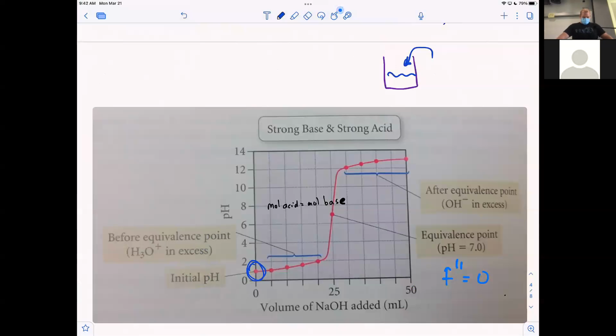So pH of 1, meaning that it's a concentration of 0.1. And then you add base, and it kind of creeps along. Suddenly you have this huge jump, and then you kind of creep again, and then you go towards an asymptote here.